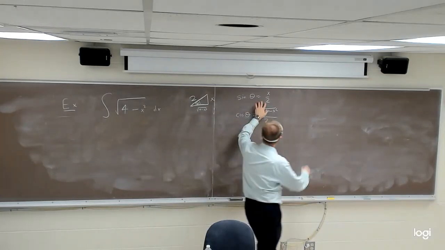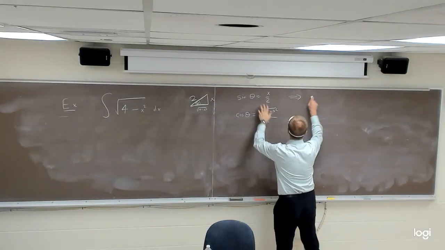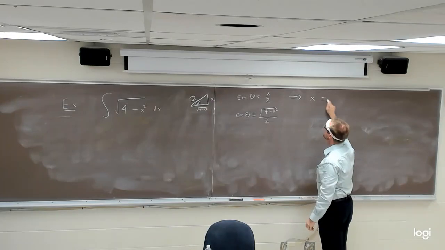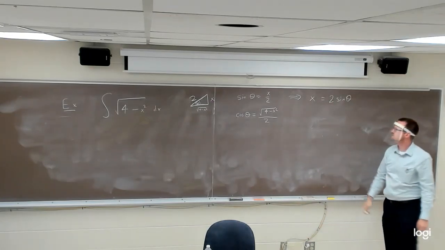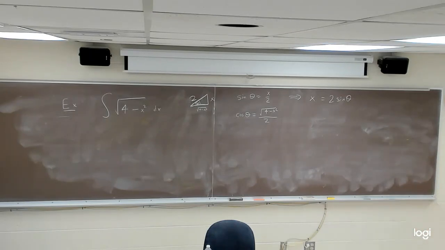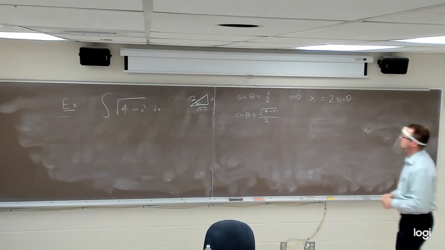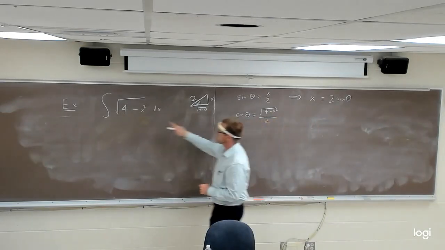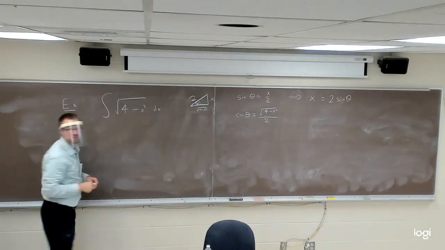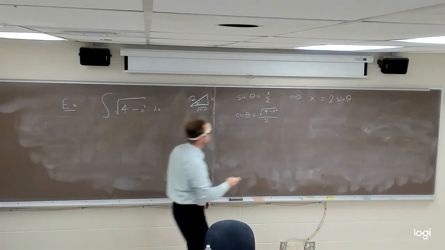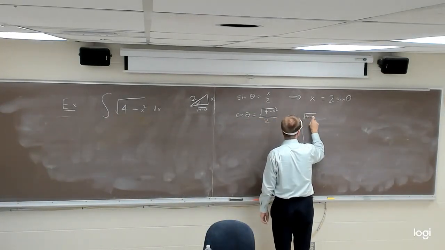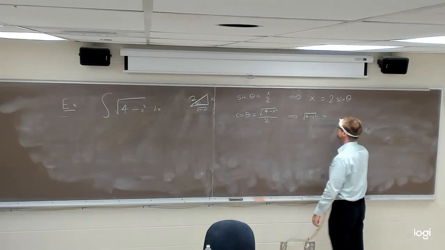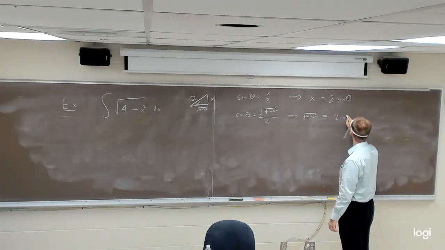I'm interested in this because that allows me to solve for x. I'm trying to do this inverse substitution strategy. I know that I'm going to need to write x in terms of theta. And I'm interested in this one because this expression is in the problem, the square root of 4 minus x squared. So I can solve for that expression. Square root of 4 minus x squared is 2 cosine theta.